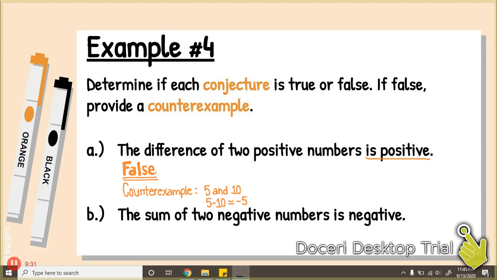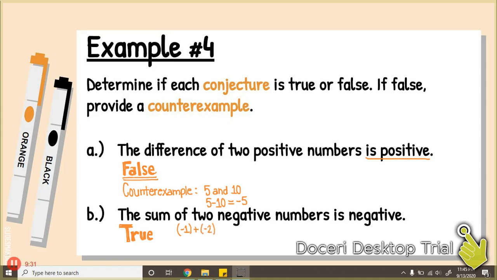For example B, it says the sum of two negative numbers is negative. And so I'm going to think of some examples. And after thinking of examples, we're going to verify, is this true or false? And in this case, this is going to be true. And the reason we know this to be true is if we think of any two negative numbers, let's just say -1 and -2.